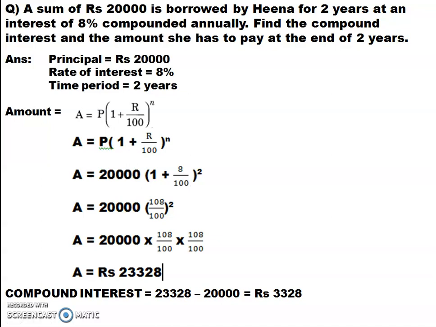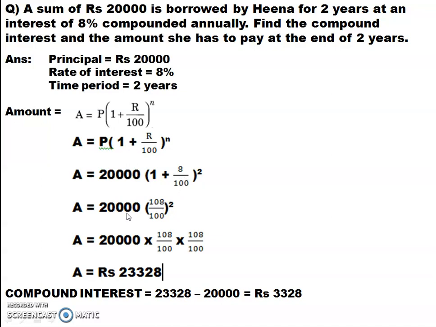Now, 1 plus 8 by 100. I'll take this 100 to the numerator: 100 plus 8, the whole divided by 100. So, 108 by 100. Once again, 1 plus 8 by 100, I'll multiply 100 with 1, so 100 plus 8 is equal to 108.